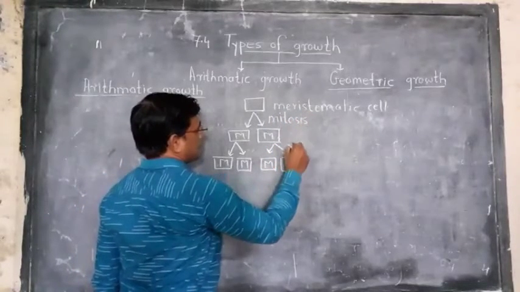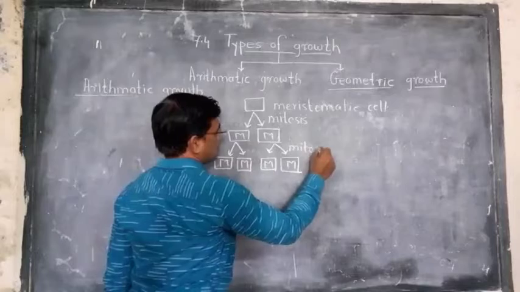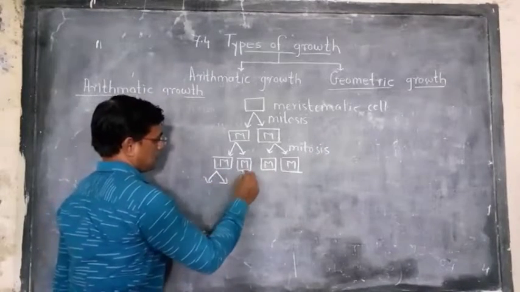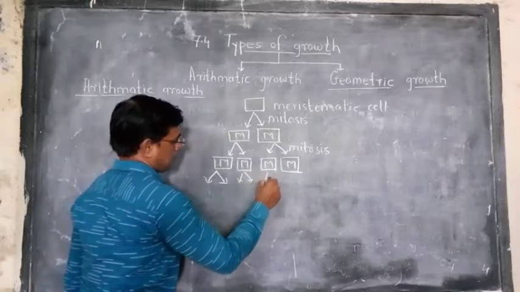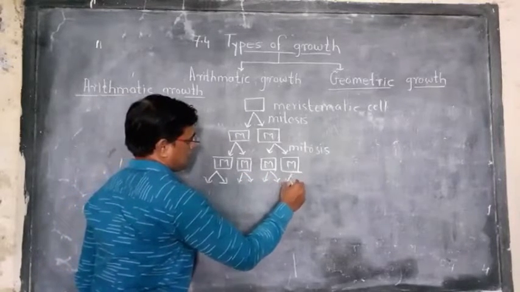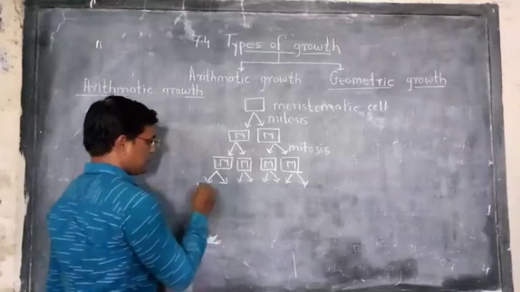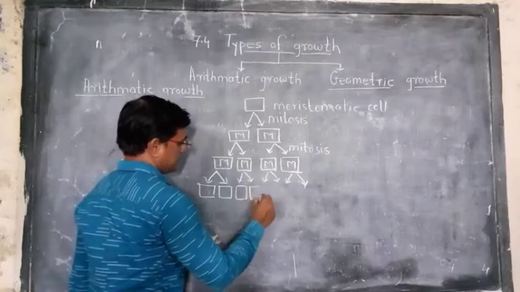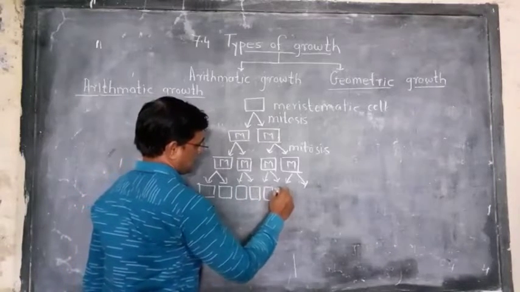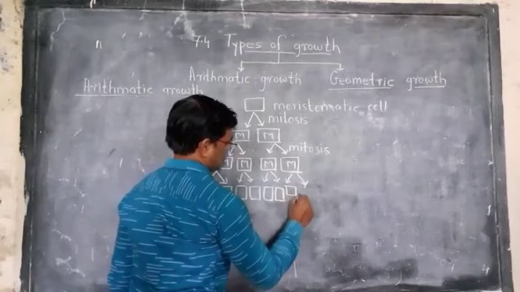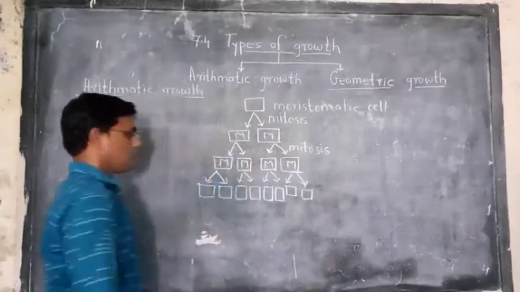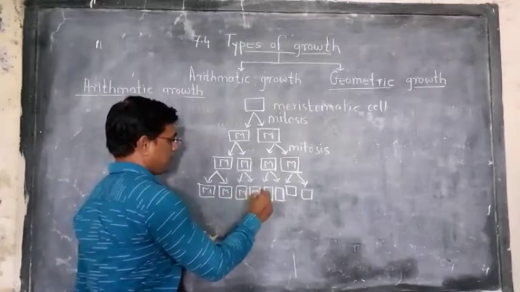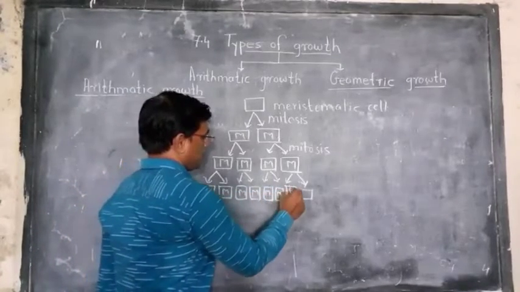Mitosis, again mitosis; a single cell gives rise to two meristematic cells. All these cells are meristematic cells.